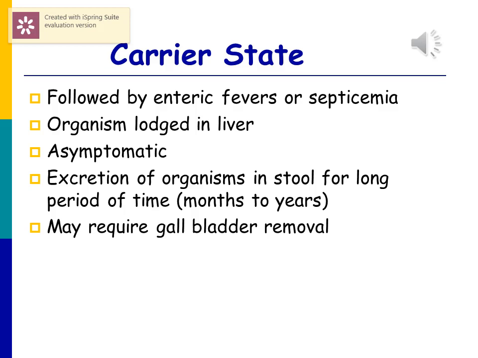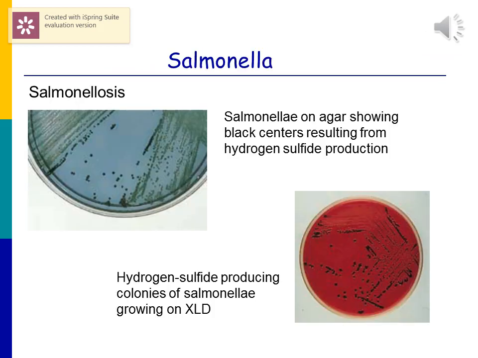And sometimes these individuals require the removal of their gallbladder to try to get rid of some of those organisms. So Salmonella causes salmonellosis. You can see the hydrogen sulfide production on both HE agar on the left and XLD agar on the right.